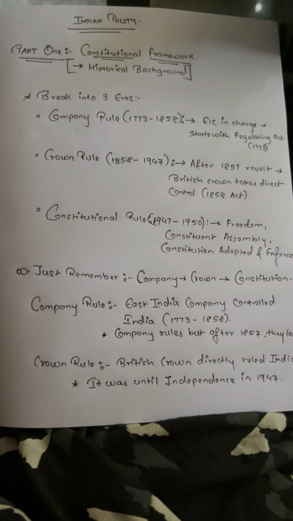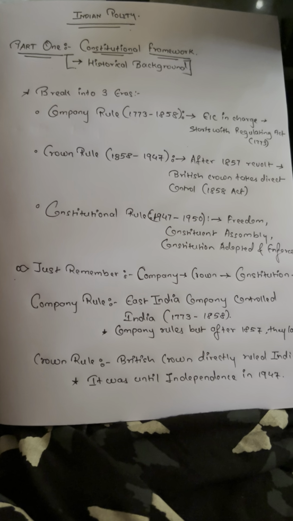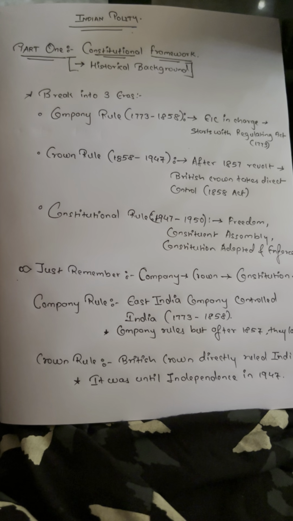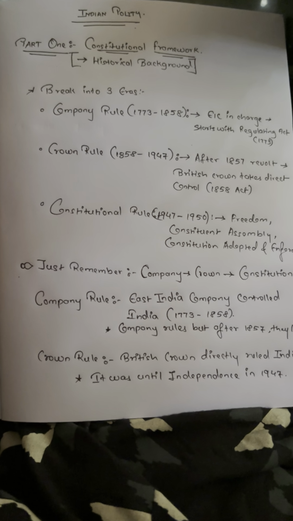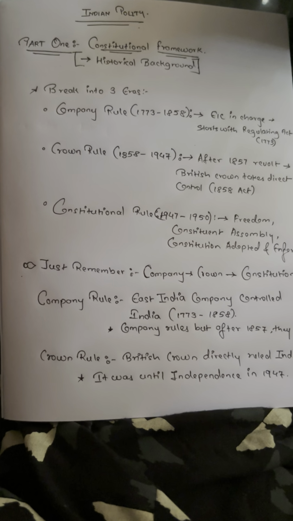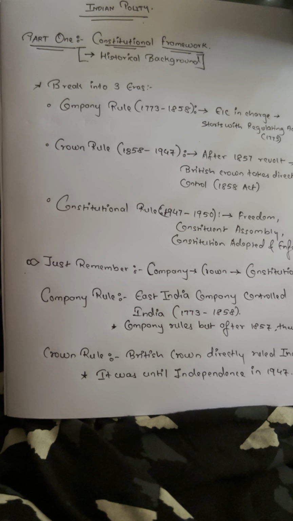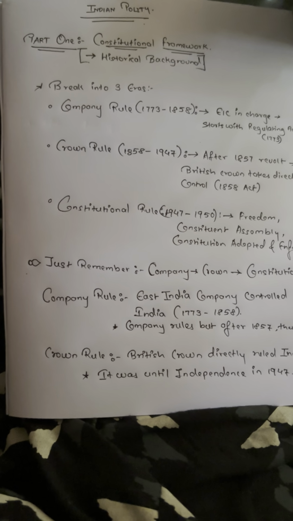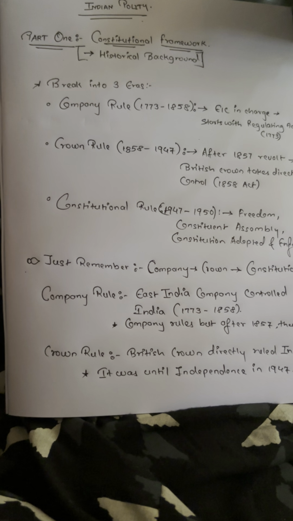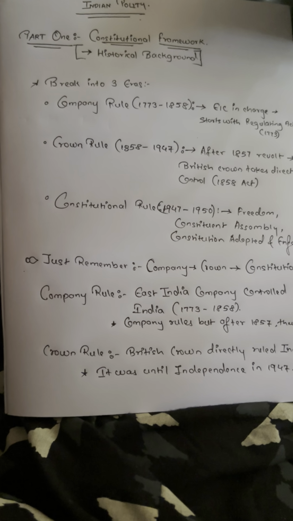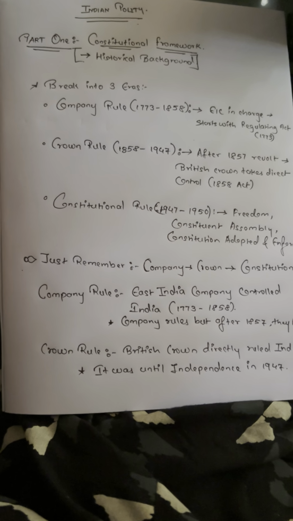In 1858, in the wake of the Sepoy Mutiny, the British Crown assumed direct responsibility for the governance of India. This rule continued until India was granted independence on August 15, 1947.